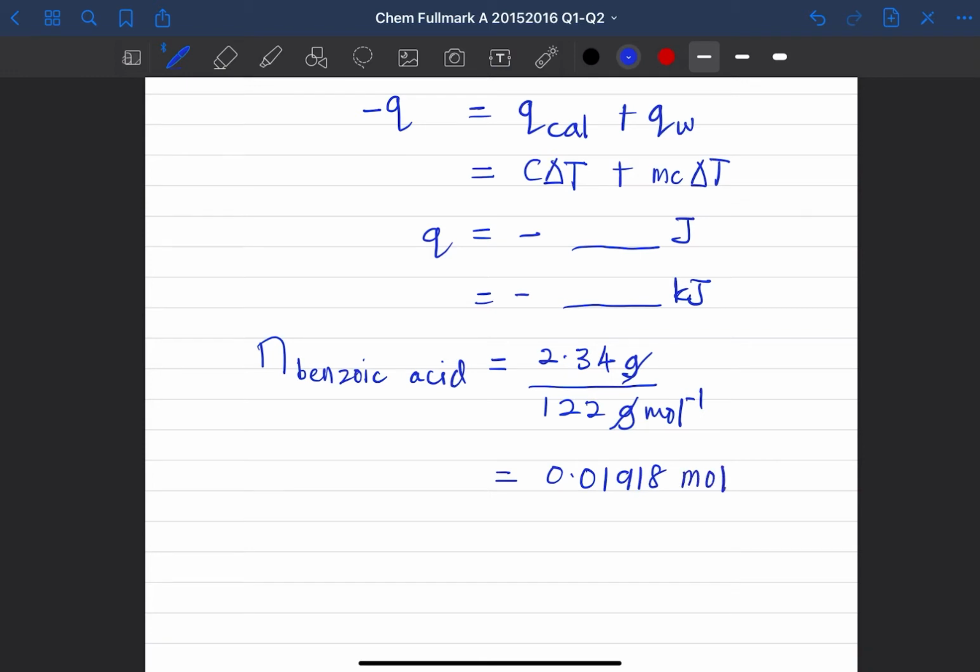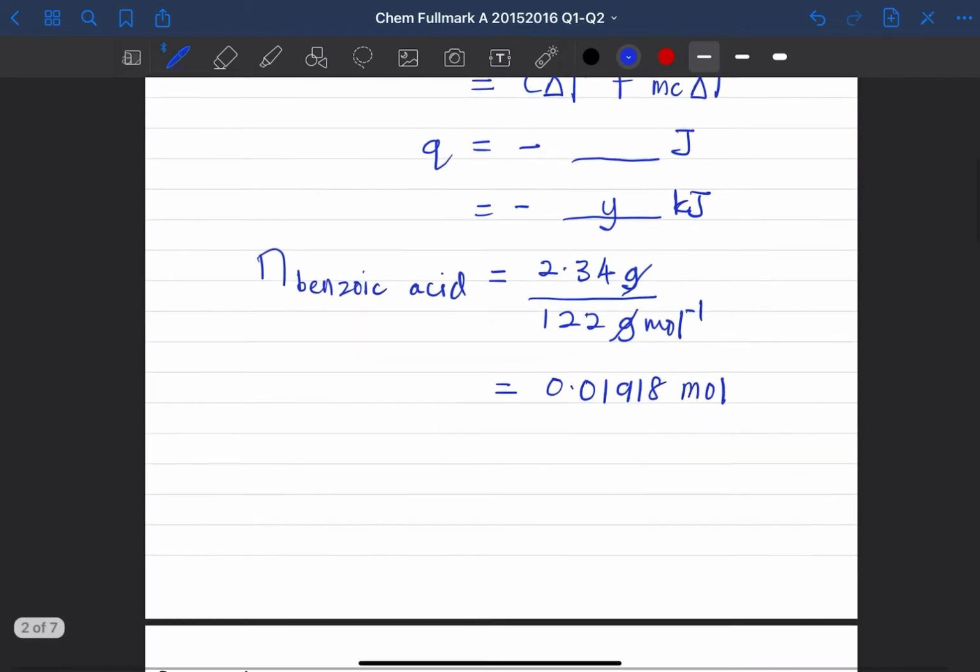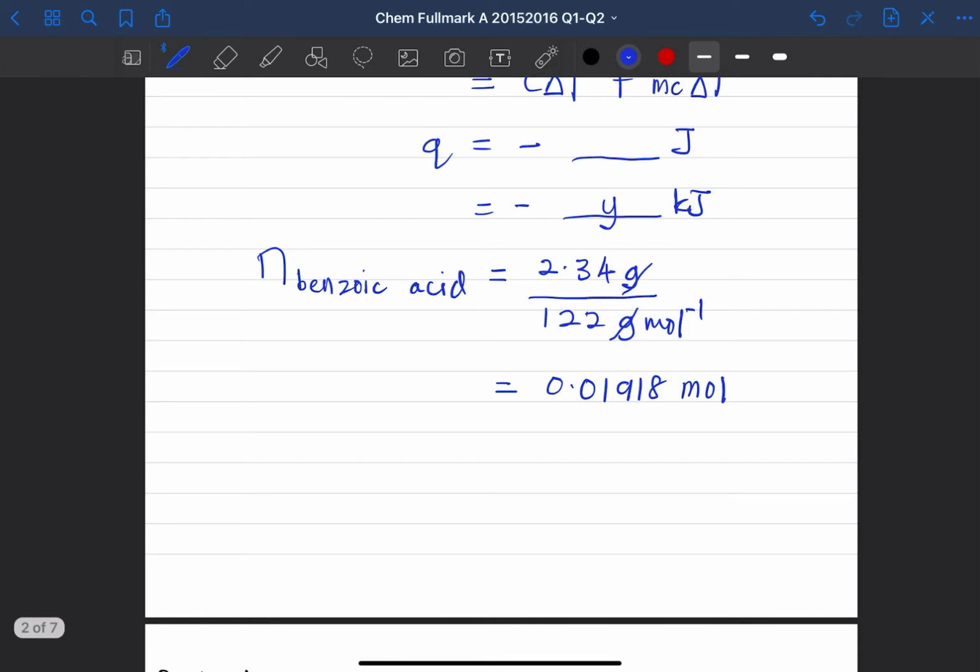And then we make a relationship between the number of mole of benzoic acid and the heat release. Let's say Q is negative Y kilojoule. So we make a relationship here: 0.01918 mole equivalent to negative Y kJ.